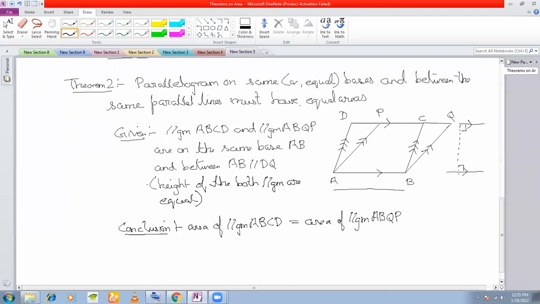Now, in the statement of the theorem, I have given same or equal. The first figure is for the same base.